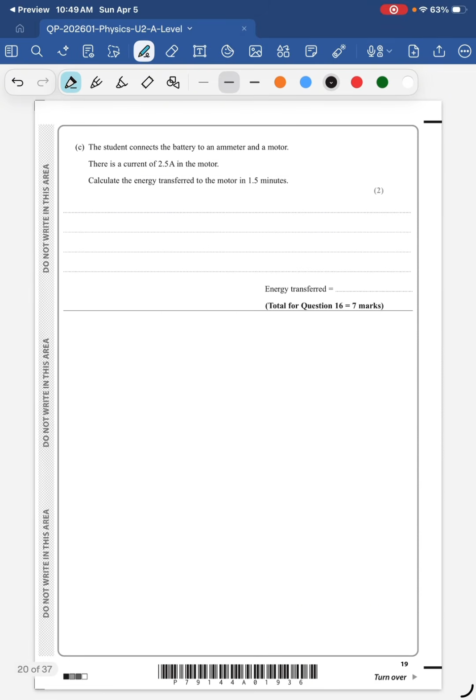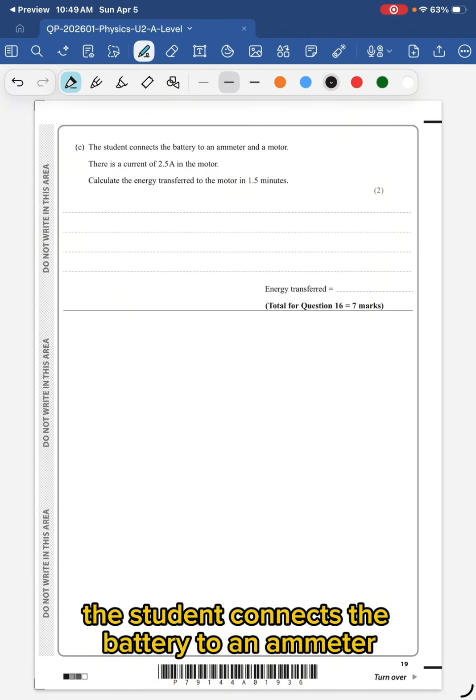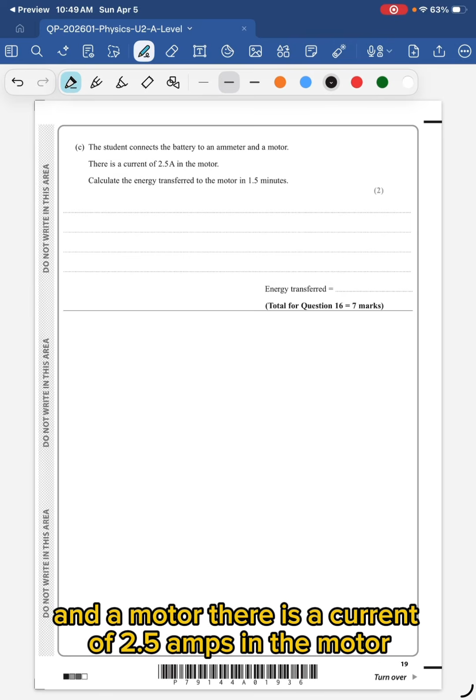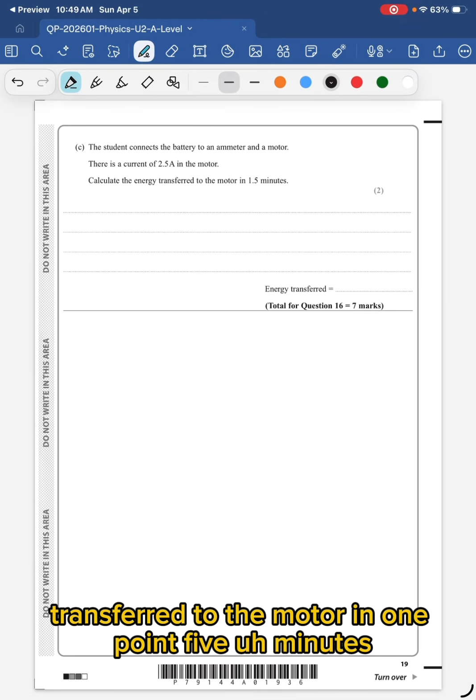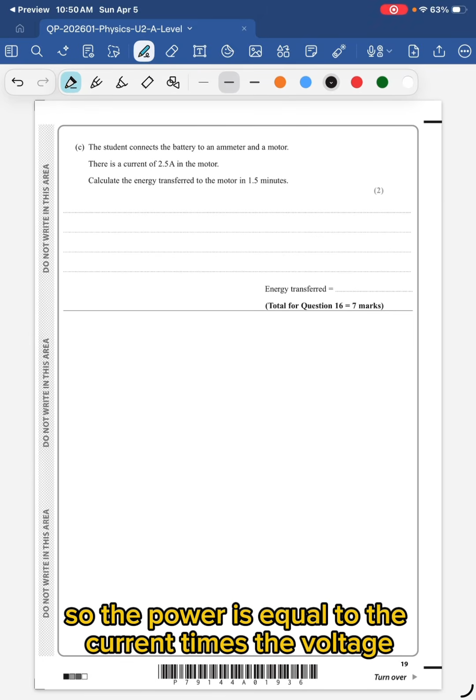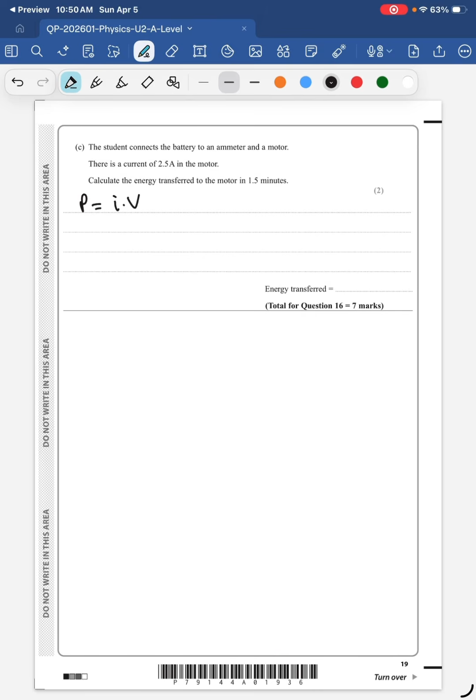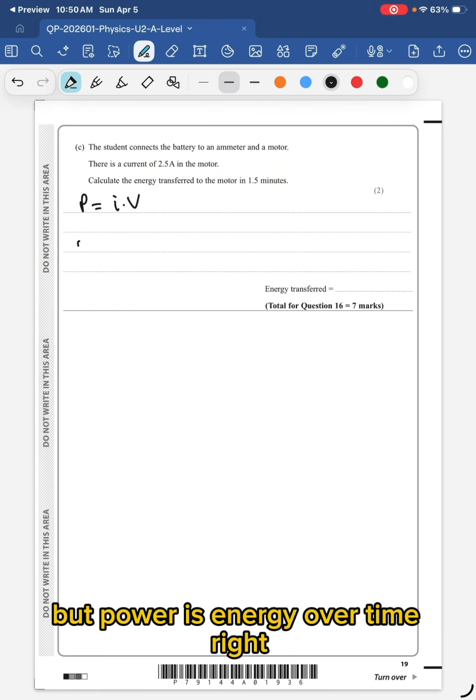Okay. Now question C, the student connects the battery to an ammeter and a motor. There is a current of 2.5 amps in the motor. Calculate the energy transfer to the motor in 1.5 minutes. So the power is equal to the current times the voltage, but power is energy over time, right?